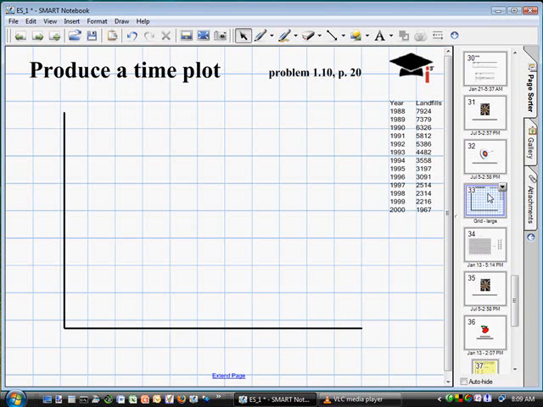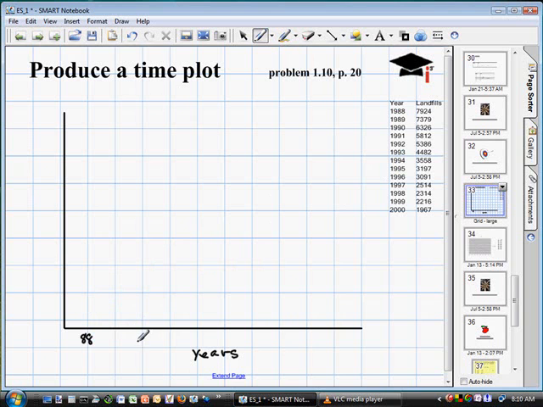Okay, then just like with any graph, you need to make some decisions on units, how big we're going to make things. Let's see, going along, let's just say the years down here. We could probably have each year be a notch, so we'll have this be 88.